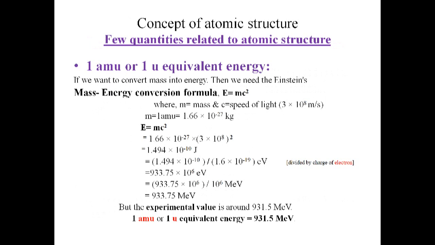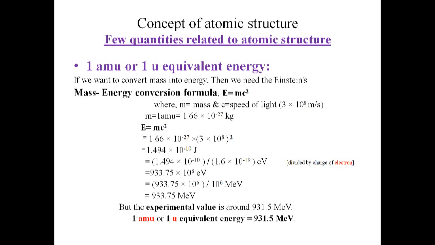As we know, physics is the study of energy and matter. Then we need to convert this mass amount of 1 AMU, or 1.66 × 10^-27 kg, into energy. We need to know the equivalent energy of one atomic mass unit. To convert this mass into energy, we use Einstein's mass energy conversion formula, E = mc². Why do we call this the mass energy conversion formula?